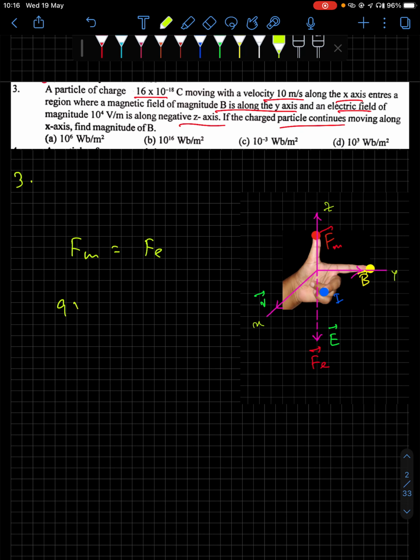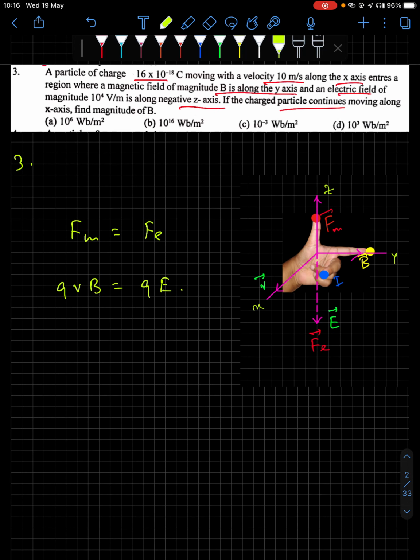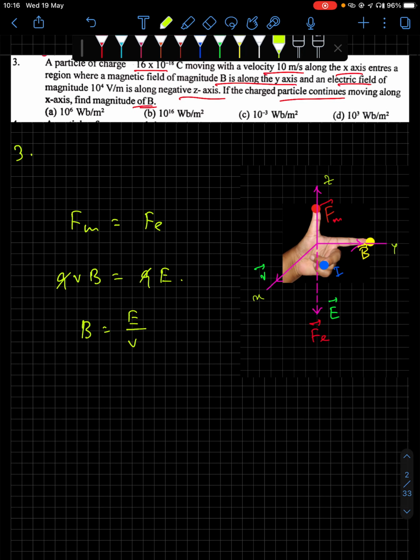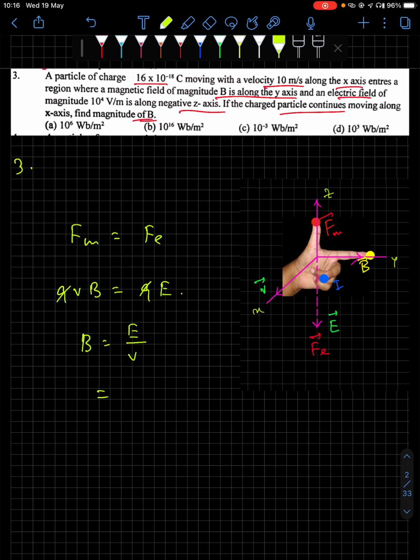So qvB equals qE. You need to find the magnitude of B. Here q cancels, B equals E by v. The E value is given as 10 to the power 4, the v value is given as 10, so your answer is 10 cubed. So it is option D.